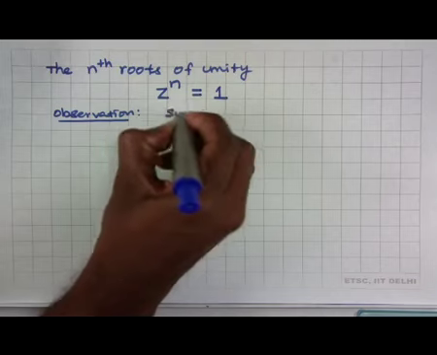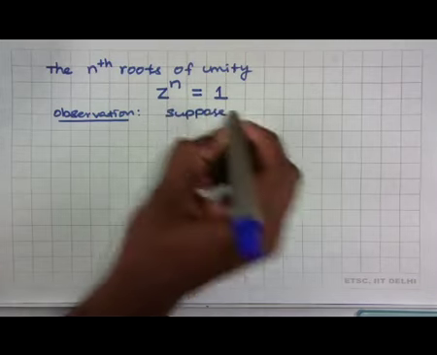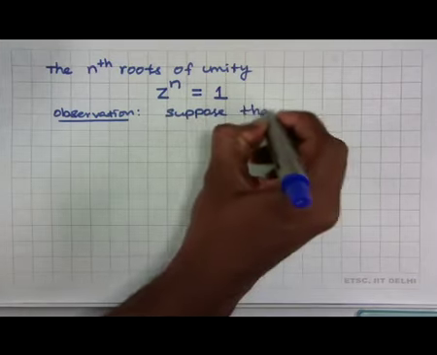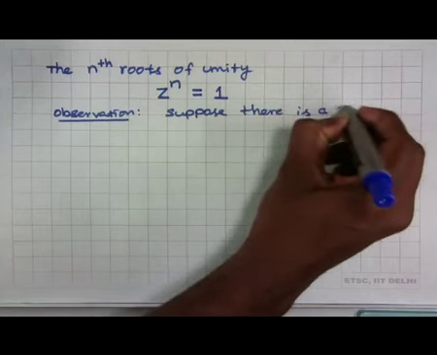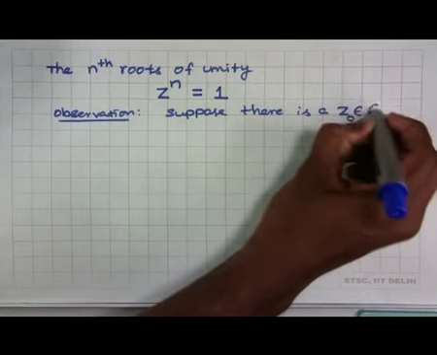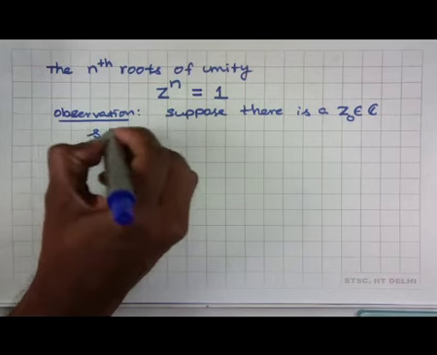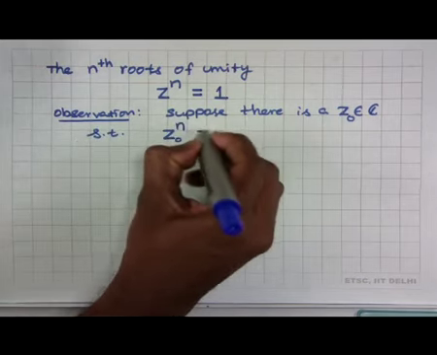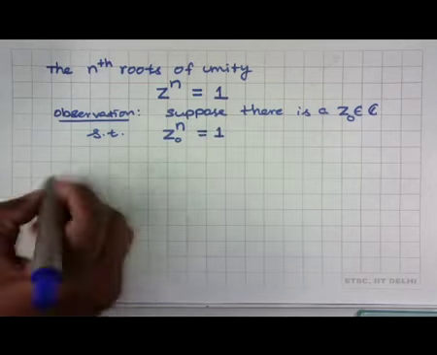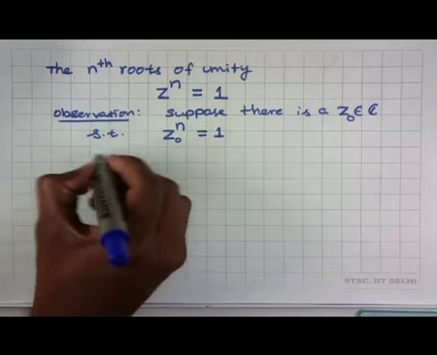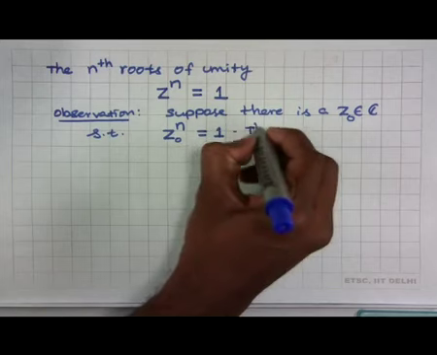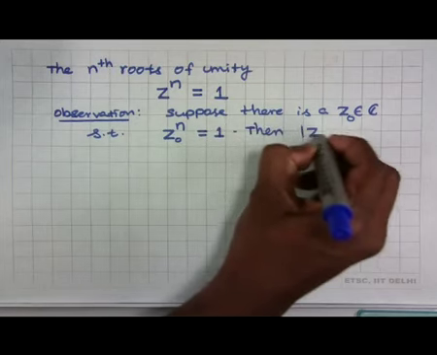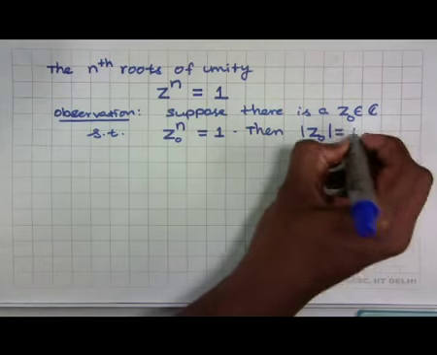Suppose there is a z0 in the complex numbers such that z0 power n gives 1, then immediately we observe the modulus of z0 must be 1.